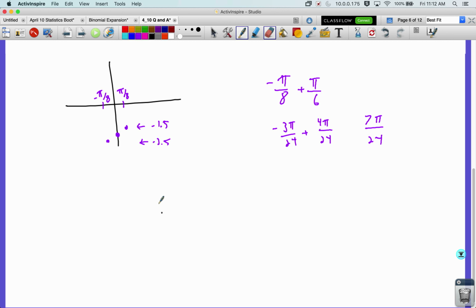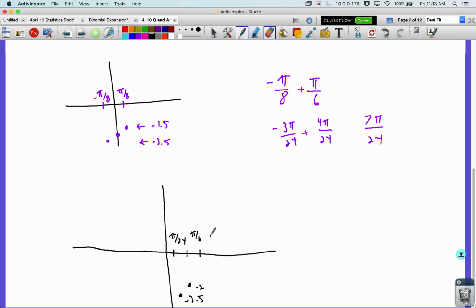Okay, let's see if we can do a decent job graphing just one cycle of this tangent wave. So this point that was here is moved over to pi over 24, and it's still down at negative 2.5. And then at this point that was at 0, it's been moved pi over 6 over, so at pi over 6, we're at negative 2.